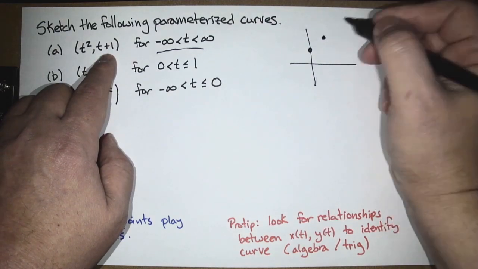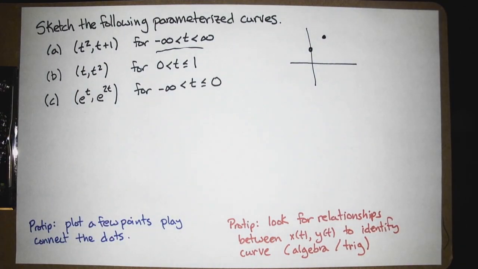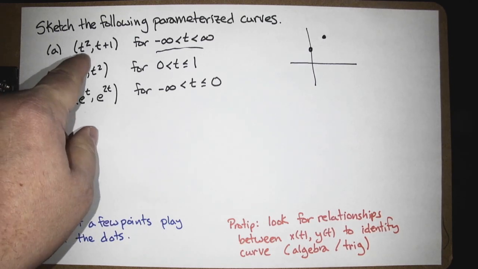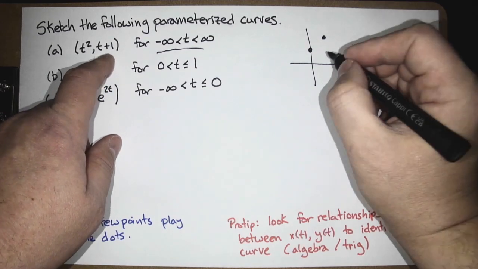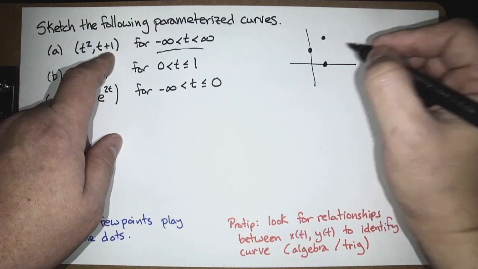All right, 2 points. Aha! We must have a line, right? Well, hold on. Maybe not. What's another thing we can pick? Negative 1. Negative 1 squared is 1. Negative 1 plus 1 is 0. Well, okay, not a line.